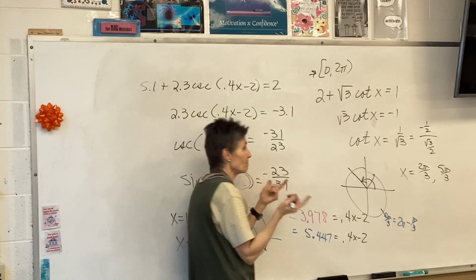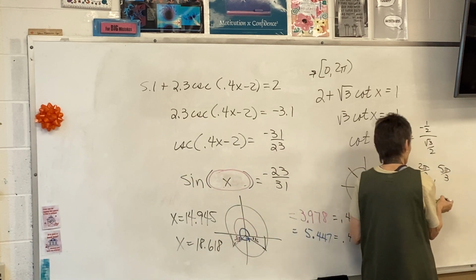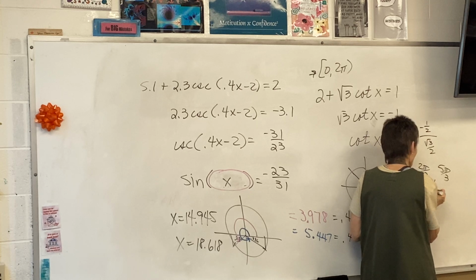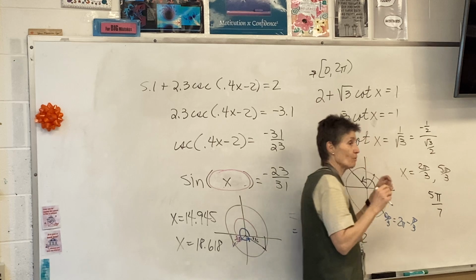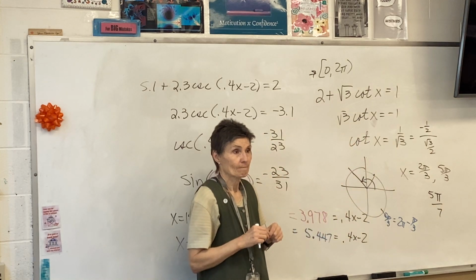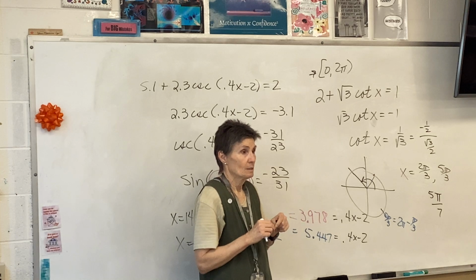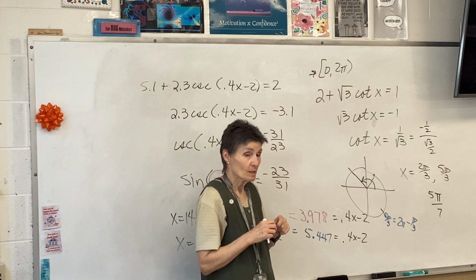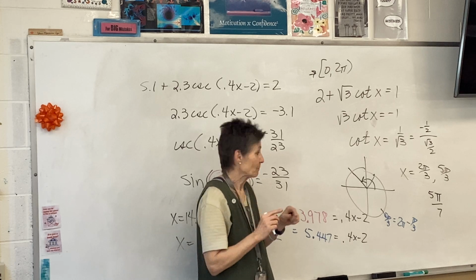So it's like if you have, let's say, 5 pi over 7. Are there other names that you could call that angle? Yeah. How do you find those? Add or subtract 2 pi? So think about this for a second.